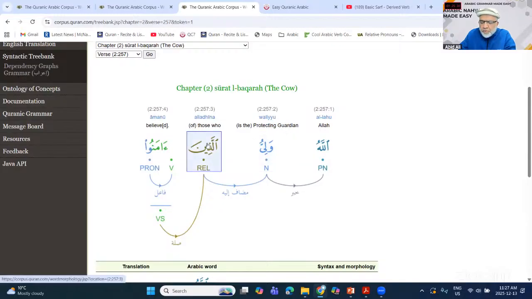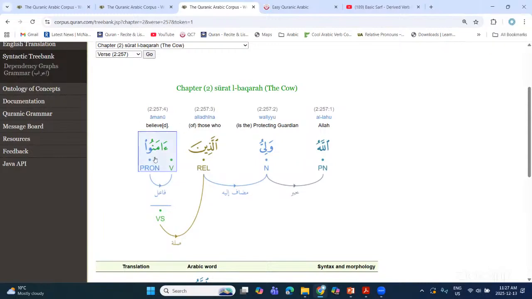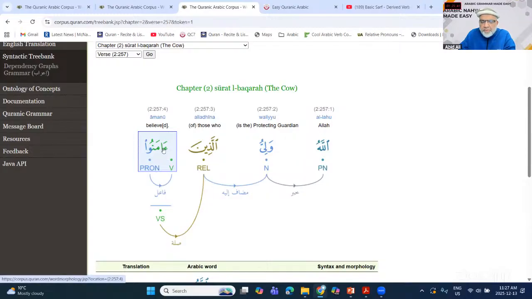Alladhina, isme mausul. Isme mausul needs a sila, and sila is normally a verbal sentence. Is amanu a verbal sentence? Yes. And Bab If'āl. The moment I see amanu, I know I'm dealing with Bab If'āl. So he is the protecting guardian of those who believed. So the allazina with this amanu together become the mudafun alayh for waliyun.